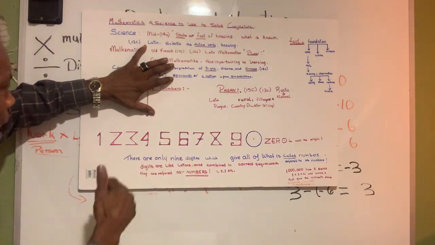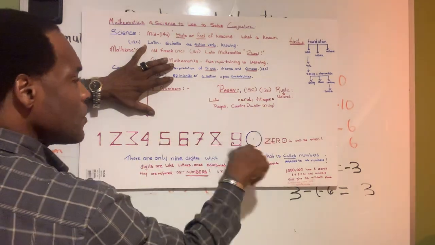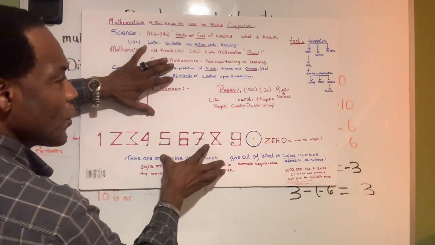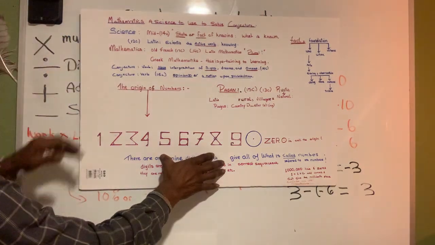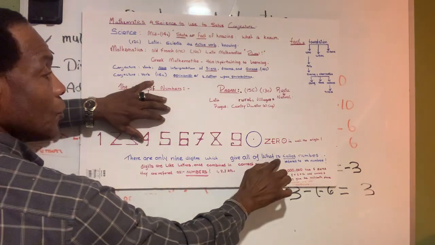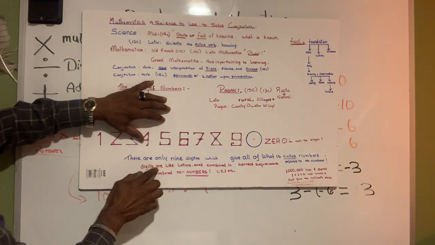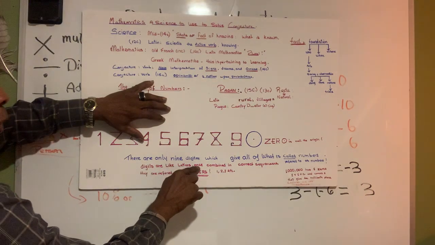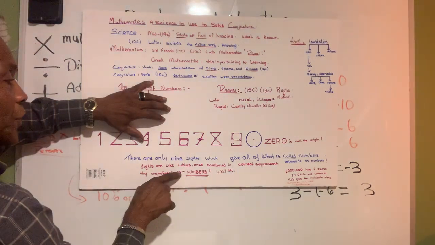And there's only 9 digits, from 1 to 9. 0, I'll give you the history about 0 once, but 0 actually does not mean anything. There are only 9 digits, which give you all of what you know as numbers. Digits are like letters. Once combined in the correct sequences, they are referred to as numbers.